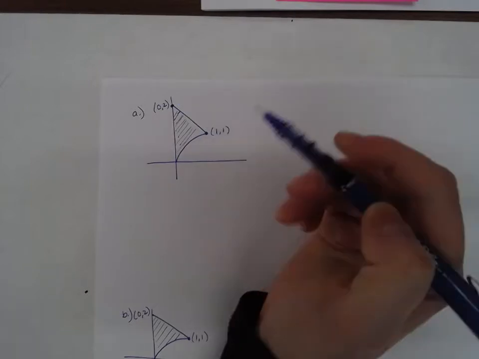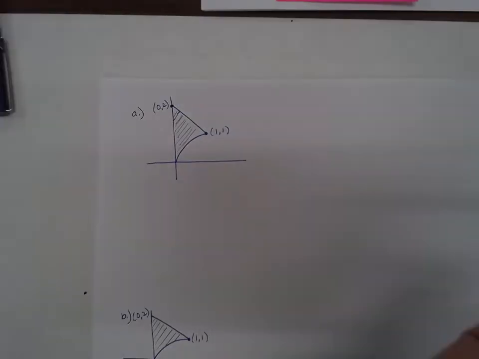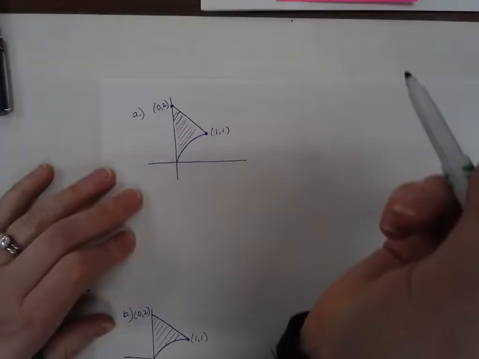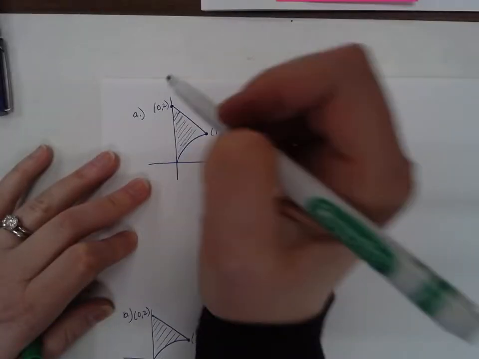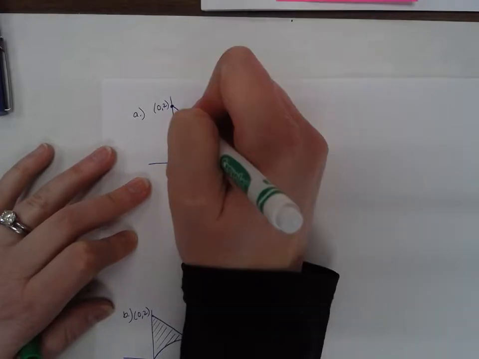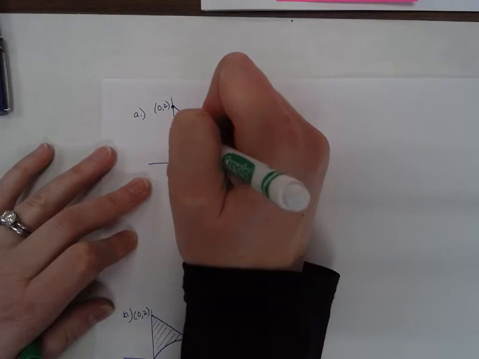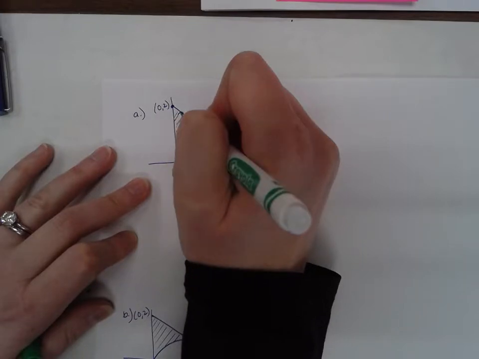So for part A, it says find the area of the bounded region. Okay, so if I want to find the area, then I just have to integrate top minus bottom or right minus left. I can do either. If I draw, bottom is kind of my default, so that's what I'm always going to try to do first. If I draw a vertical line anywhere in this region, no matter where I draw it, the line will always be on top of the curve.